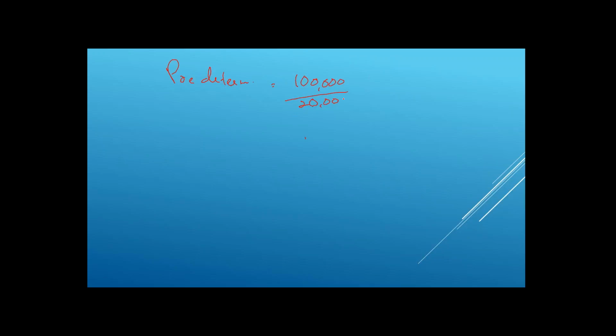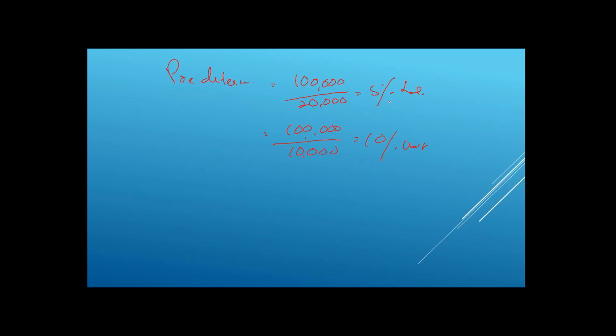Predetermined labor hours are 20,000, so 5 per labor hour. If it is units, 100,000 budgeted for 10,000 units, then 10 per unit. So either way, it's a predetermined rate.